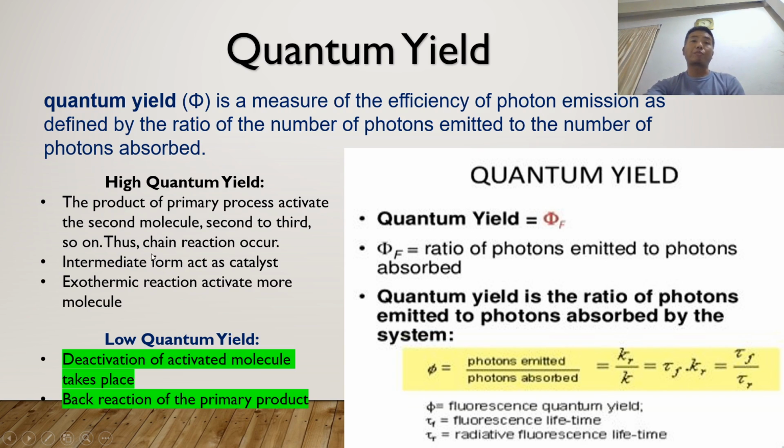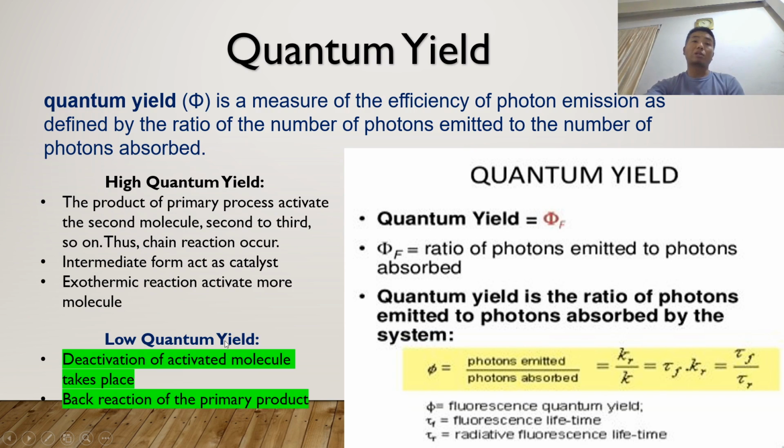The intermediate formed acts as a catalyst. That means it can activate another molecule, which then produces the product, and on the way to the product it activates another intermediate which can act as a catalyst. In this case the reaction will be fast. Another point is that an exothermic reaction activates more molecules.